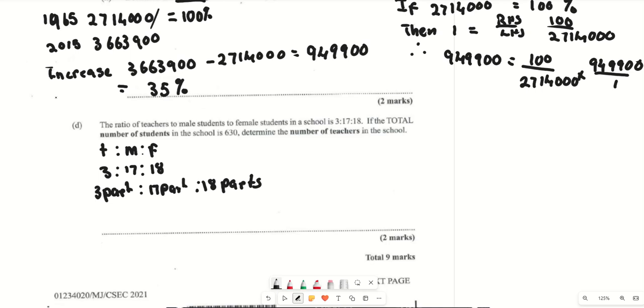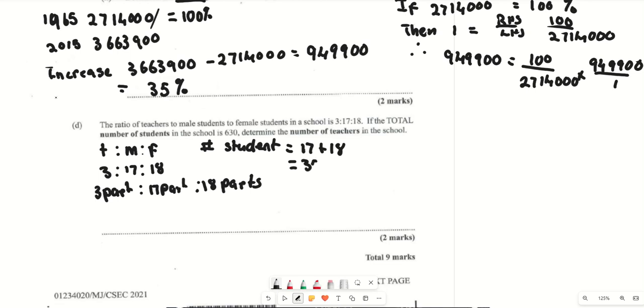Now they told you we're talking about the total number of students. The number of students in ratio parts would be 17 plus 18. And 17 plus 18 is equal to 35.